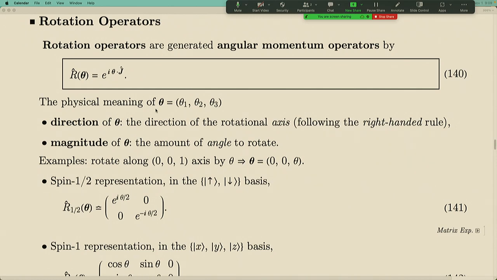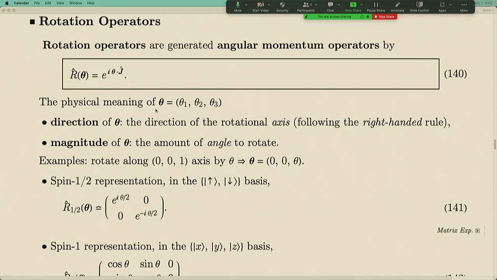It doesn't quite look like that, but only up to an overall factor. Previously, we mentioned that this overall complex factor doesn't matter. It's still the same state, as long as the relative phase between the 2 components is the same. So this is basically how this rotation is implemented.